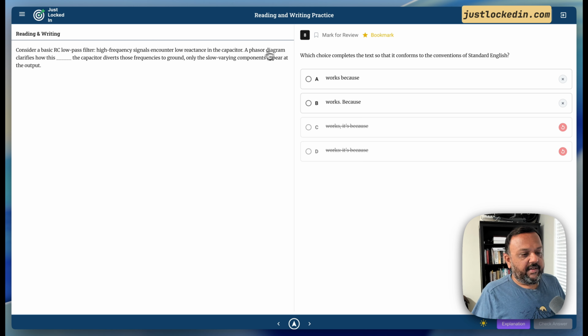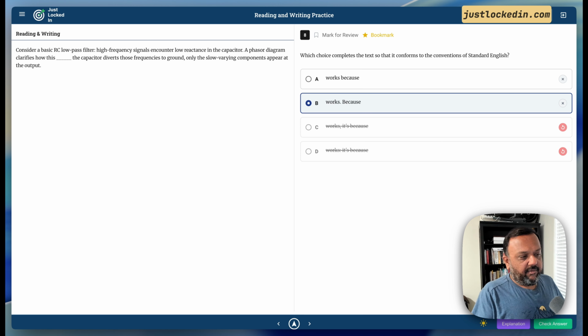Okay. A phasor diagram clarifies how this works. Because the capacitor diverts those frequencies to ground, and so on. So between these two, this is the only right answer because this puts a period after the first independent clause, makes it a sentence, and the second one is a valid sentence, right?